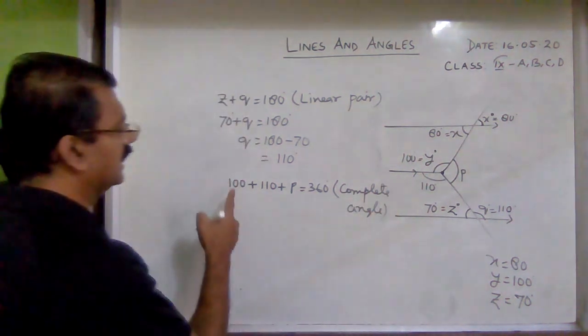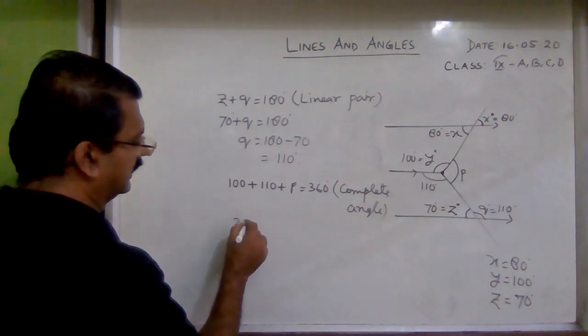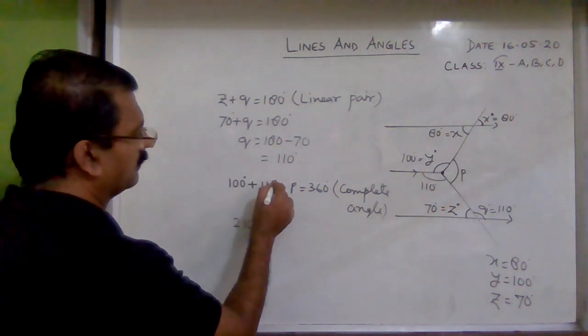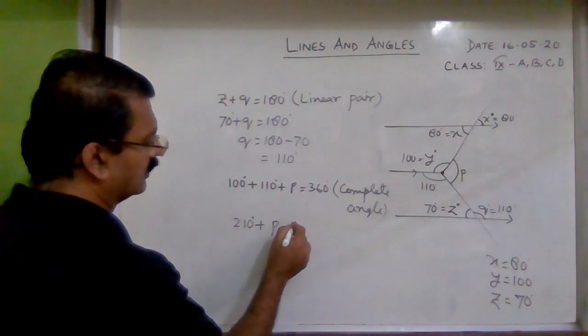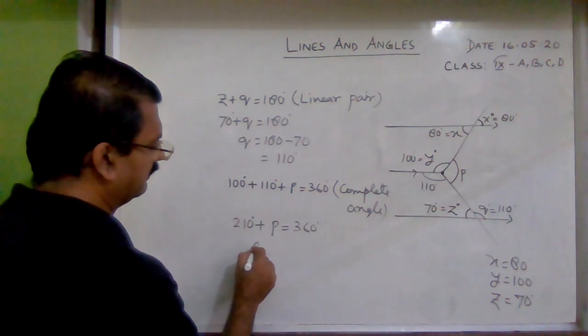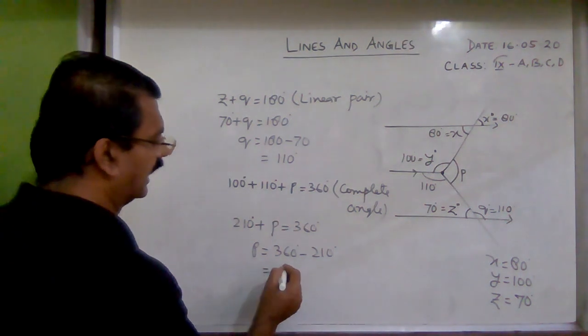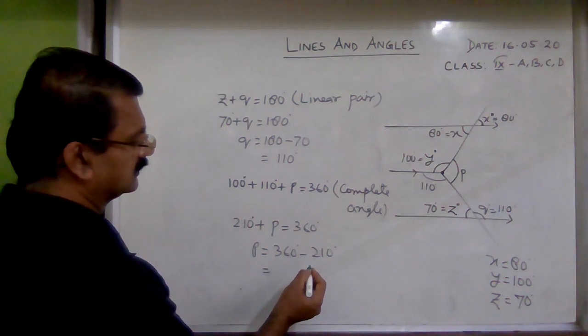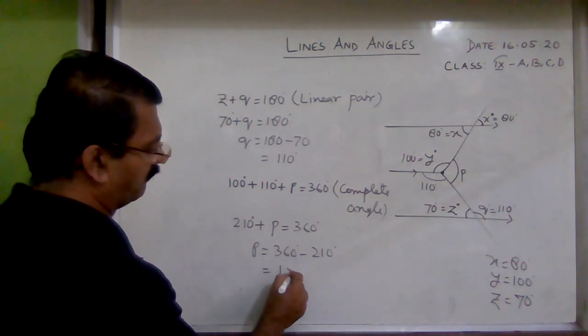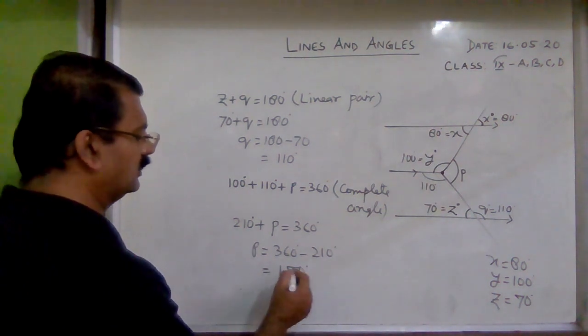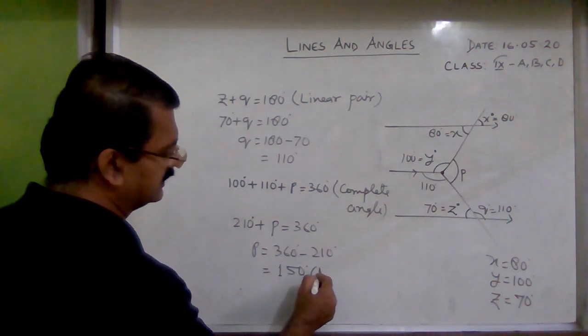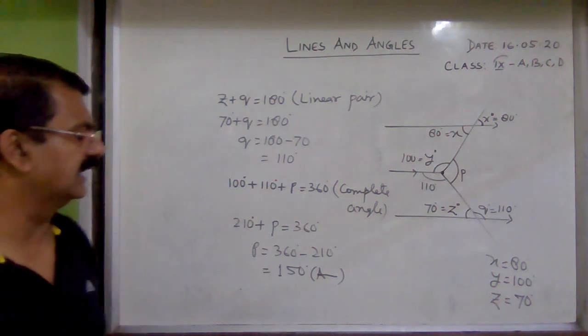Okay. Now you see 100 plus 110 will be 210 plus P is equal to 360. So P will be equal to 360 minus 210, that is 150 degrees. So we have found that value of P is 150 degree.